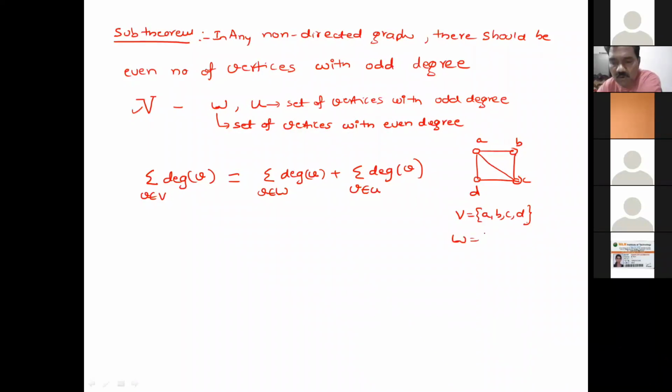W is a set of vertices with even degree. Out of these four, what are the vertices with even degree? B, D. So the vertices B and D come under W. Now what is U? AC. U is the set of vertices with odd degree. So U is AC. Is it clear up to this?